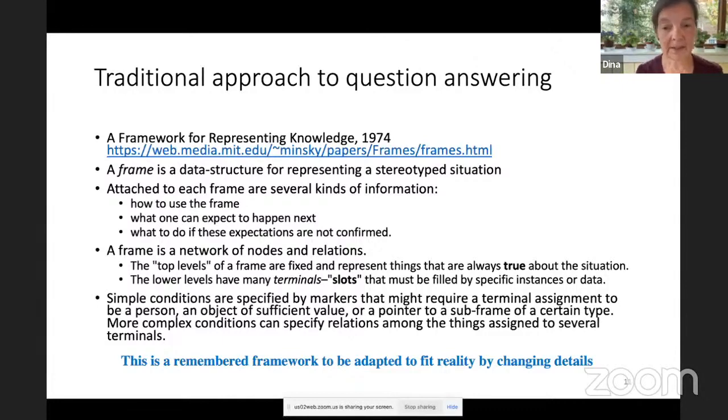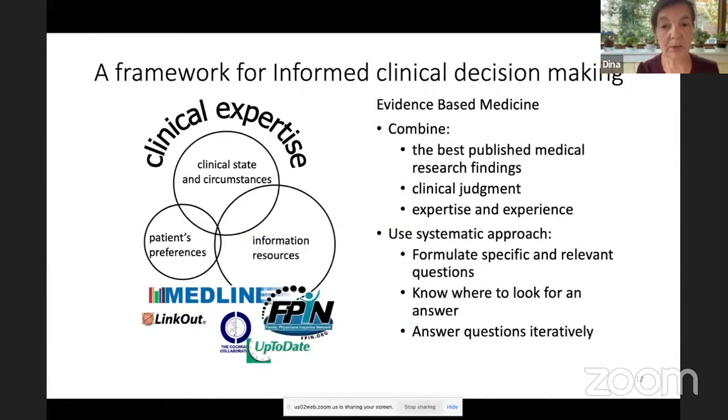And then by taking the question frame and aligning it with the answer frame, unifying the frames, we will get the best answer.